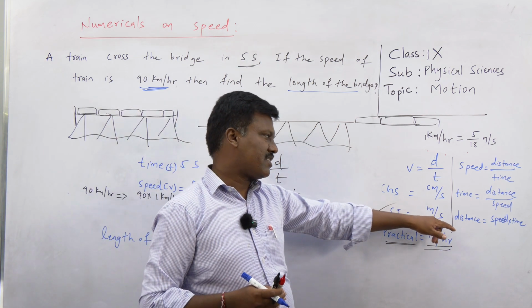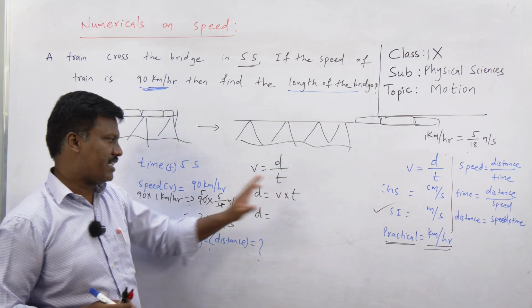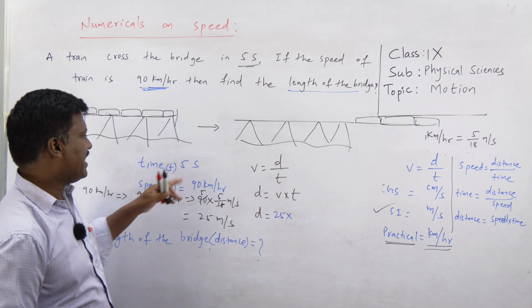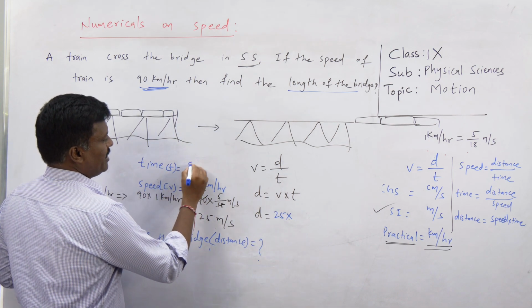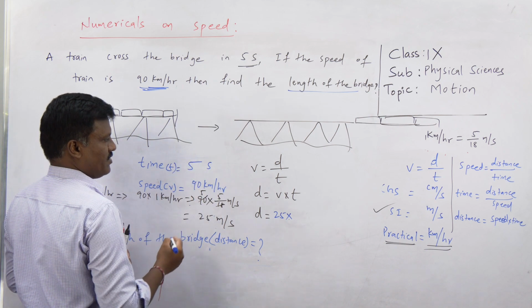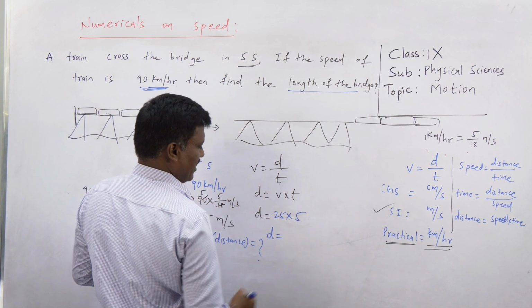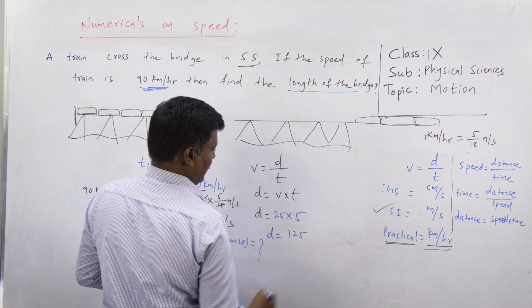So meter per second should be used, so 25 should be substituted here. Time T is given as 5 seconds. So 25 into 5. Then distance, the length of the bridge, is equal to 25 into 5, 125.